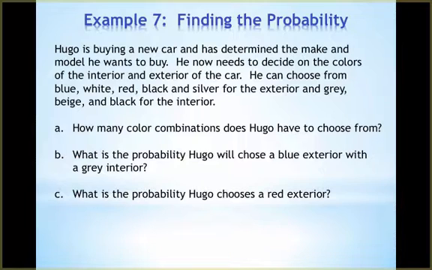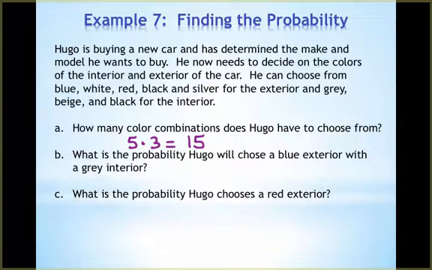So remember what we said a minute ago, since we have two different choices here, interior and exterior, if we multiply the number of choices for each one of those, that gives us the total number of choices. So for his exterior, he has 5 choices. And for his interior, he has 3. So there's a total of 15 different color combinations that he could choose from.